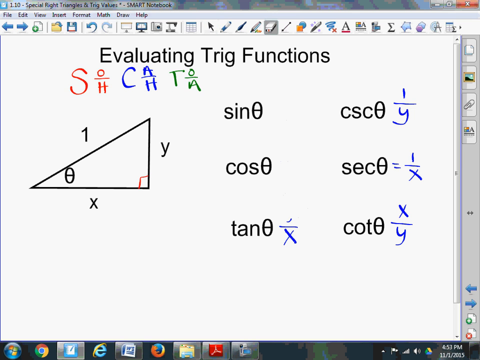So tangent would then be defined as sine over cosine, which would mean cotangent is cosine over sine. Cosecant would be 1 over sine, and secant would be 1 over cosine.